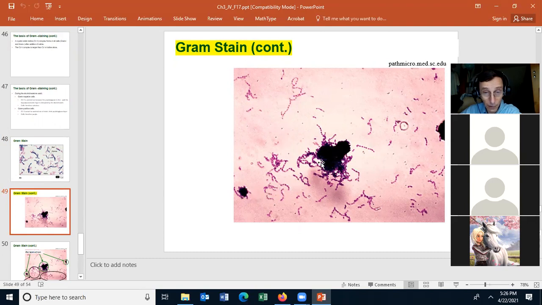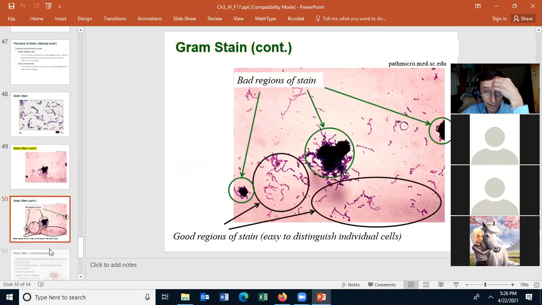And especially if you're using from the bottom of the crystal violet, you'll get these crystals on your slide. And this we consider a bad region of the stain, and you don't want to determine your gram stain around these bad regions of the slide.